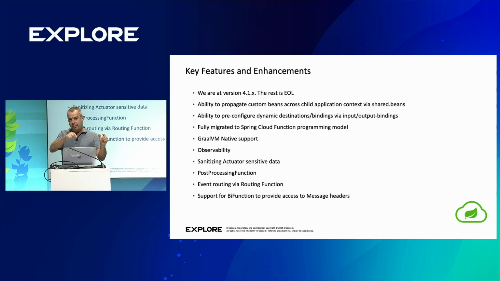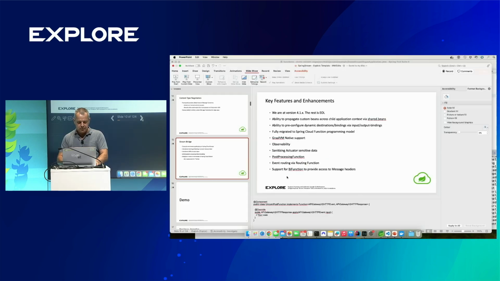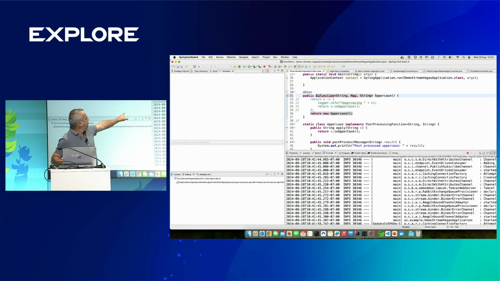You could also say Function of Message, comma String, but then you would be forced into Spring's messaging abstraction. But this is how you can keep it the POJO way. So just BiFunction of String and Map, and that's what it would be like.